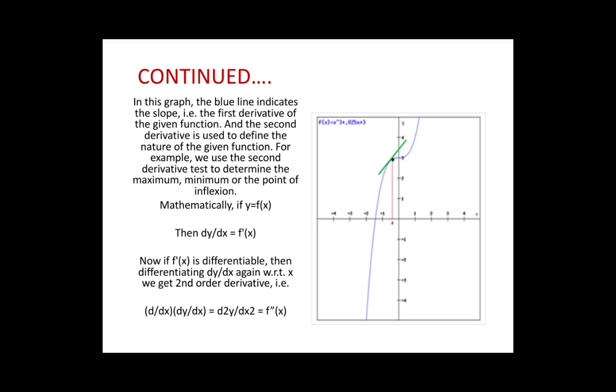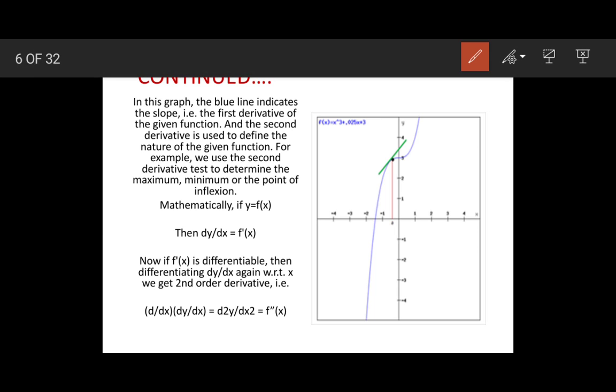That means, as you can see here, the derivative of dy upon dx is equal to d2y upon dx square, that means f double dash x. So second order derivative means we are differentiating the first order derivative. We are differentiating the derivative only, and that is known as a second order derivative.